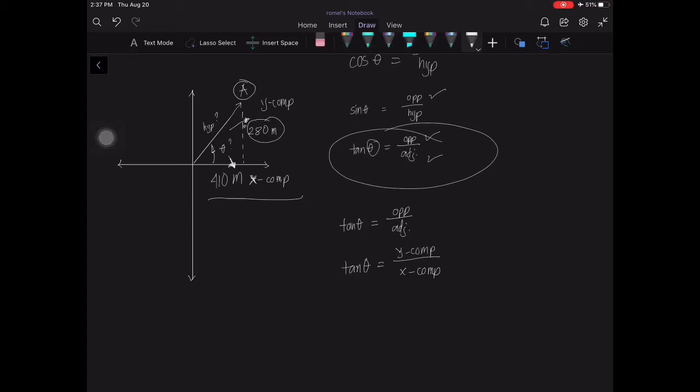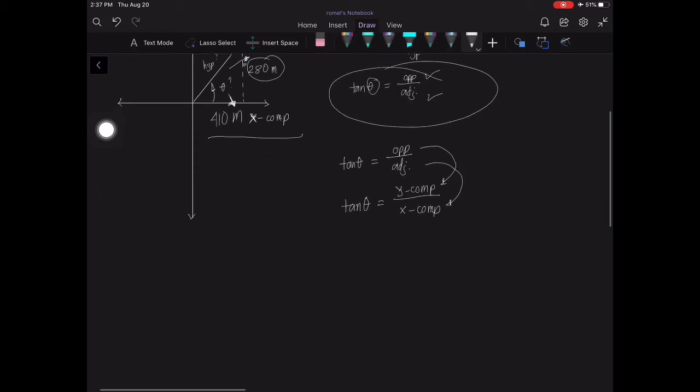So again, they refer to the same formula. We simply changed the terms that we use to emphasize that the adjacent of your angle is the x component and the opposite of your angle is the y component.